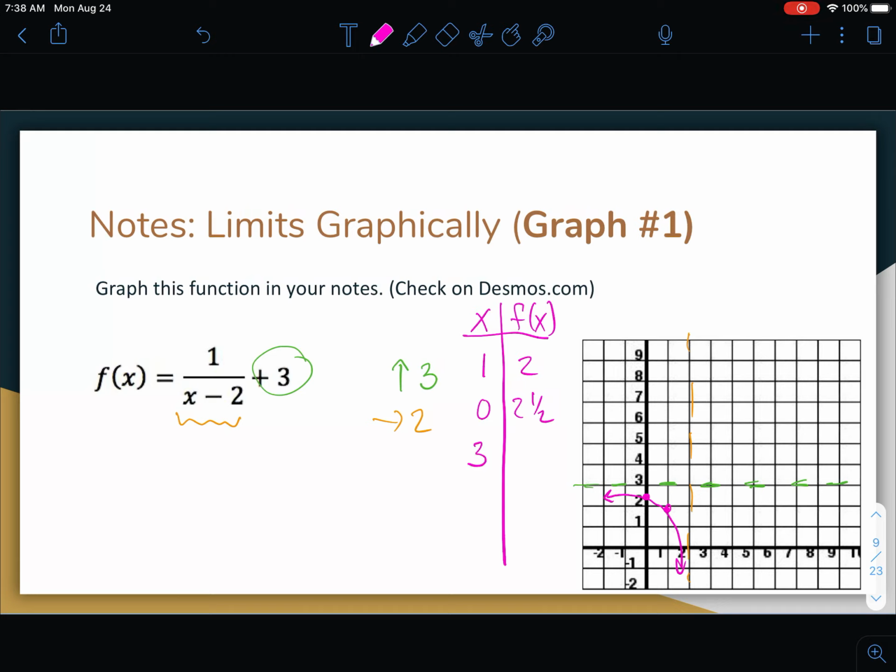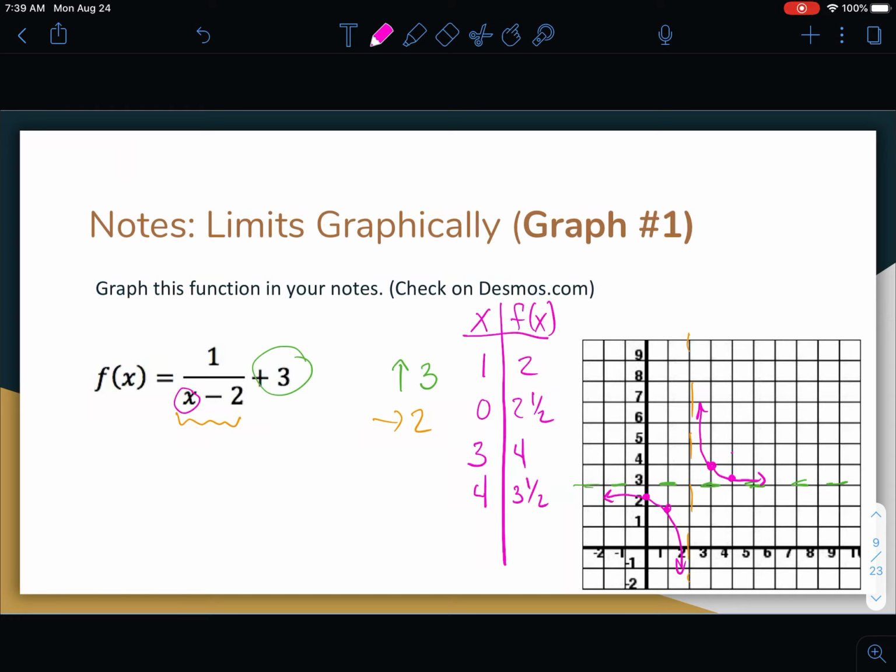If we plug in 3, we get 4 as an output. If we plug in 4, we have 4 take away 2 is 2, which gives us a half plus 3, which is 3.5. So (4, 3.5) would be right here. We have these 2 branches, and this is what we're going to be referring to.